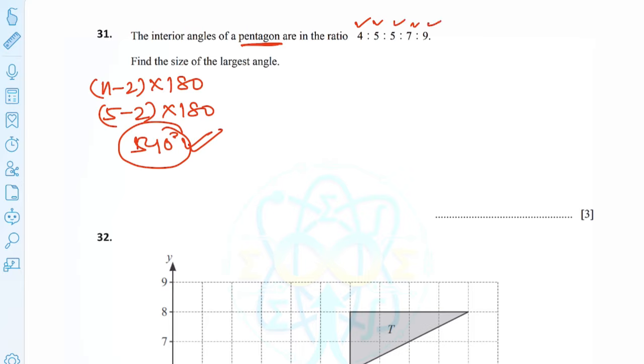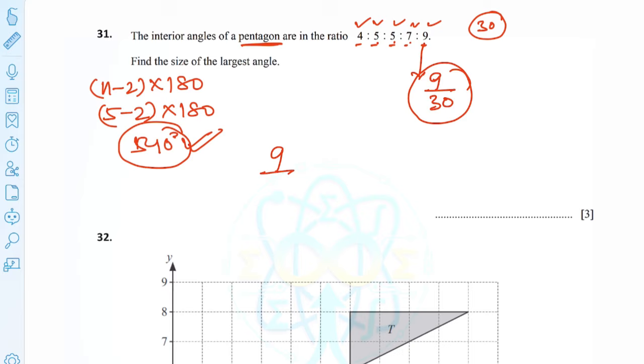That means 4 shares, 5 shares, 5 shares, 5 shares. If you add all the shares, I am getting 30, I think, right? 9 plus 5 is 14, 21 and 30. So the biggest share should be 9 shares, because this should be the largest angle as well. So it will be 9 over 30 as a fraction.